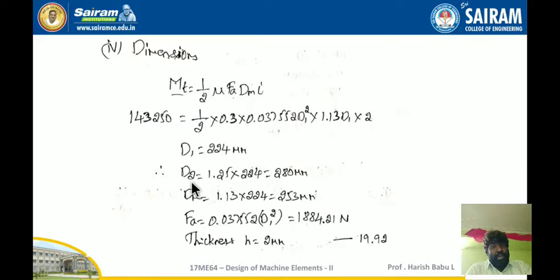Therefore d2 equals 1.25 into 224, so I get 280 mm. The mean diameter dm equals 1.13 into 224, so it is 253 mm.